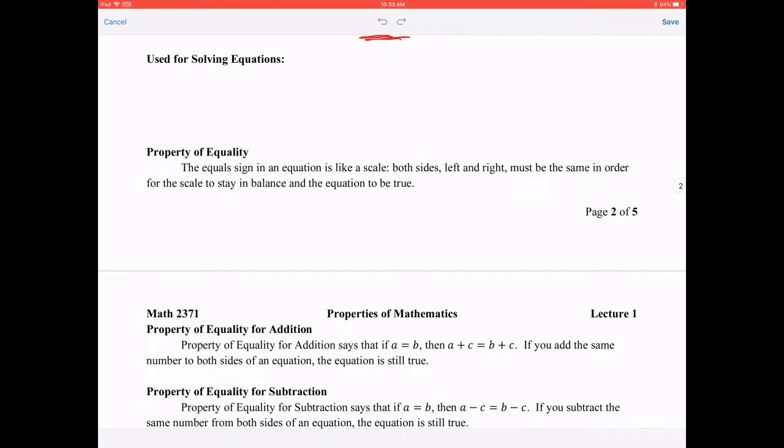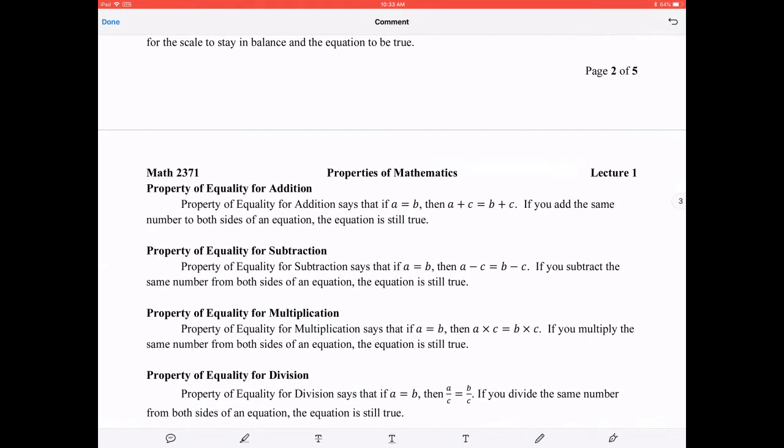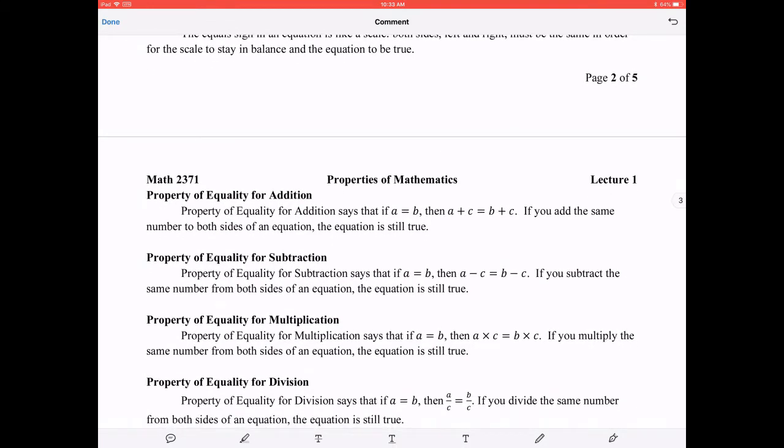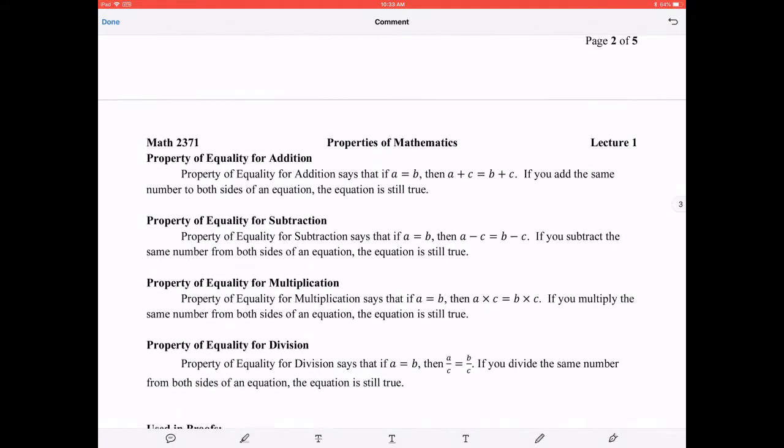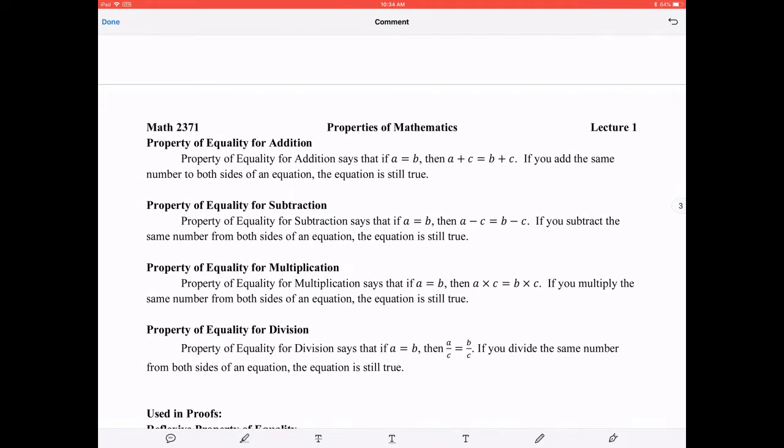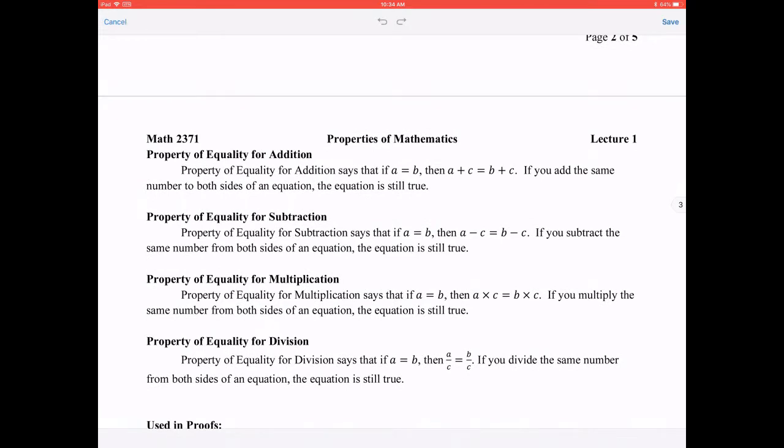Okay, solving equations. The biggest thing here, and I'm going to move this up a little bit more so that we can get all of these definitions on one page, or most of them, is that what you do to one side, you must do to the other.